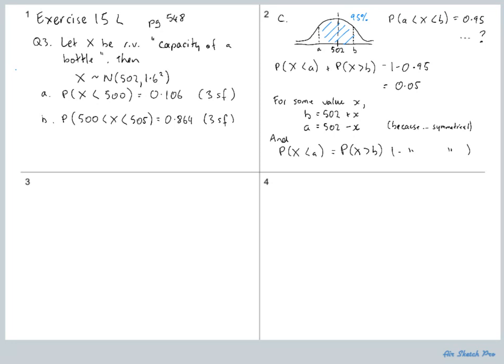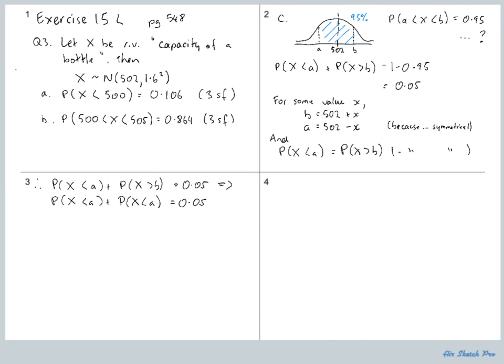So first of all, therefore, the probability of x less than A plus the probability of x greater than B is equal to 0.05, which gives us the probability of x less than A plus the probability of x less than A equals 0.05.